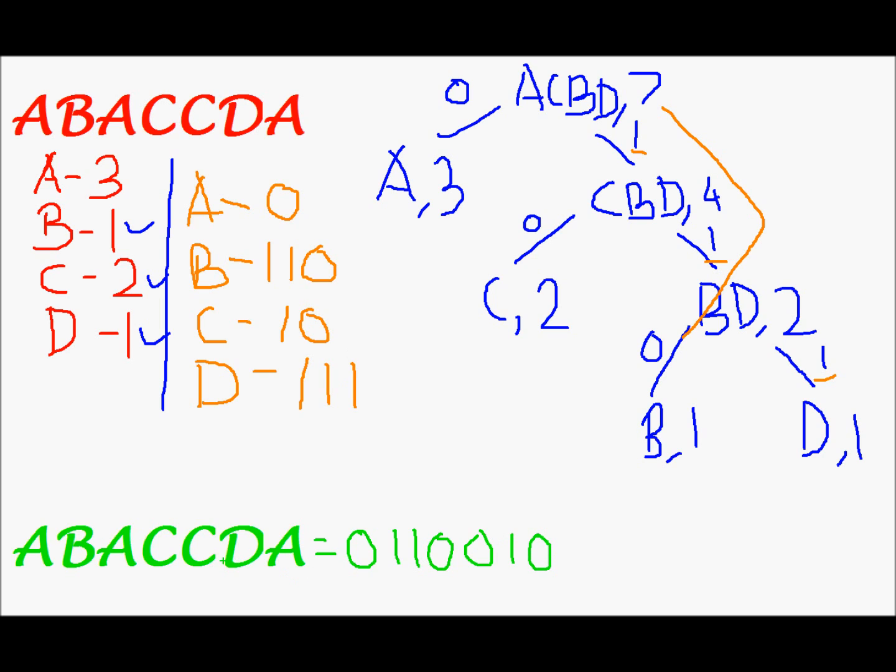We have C again and that is 10. Then we have D, that is 111. And then we have A and that is 0. And this is our Huffman code for the message ABACCDA. I hope you guys enjoyed this. Thank you very much for listening.